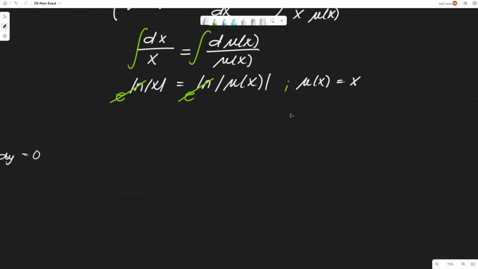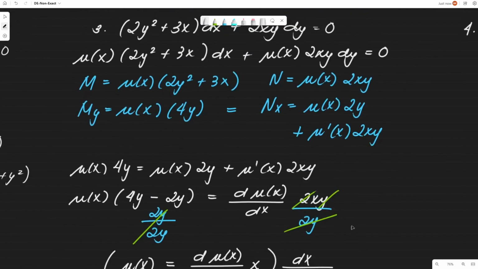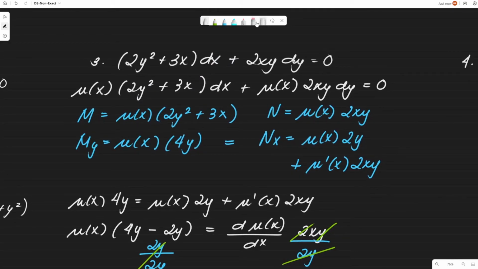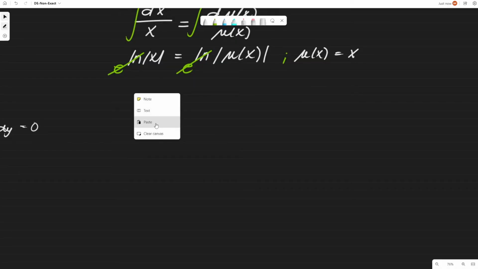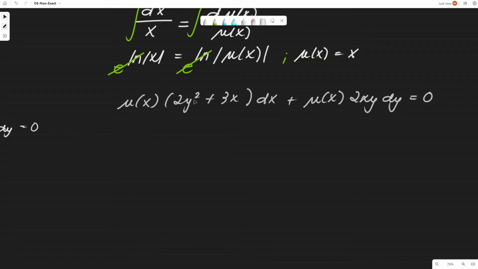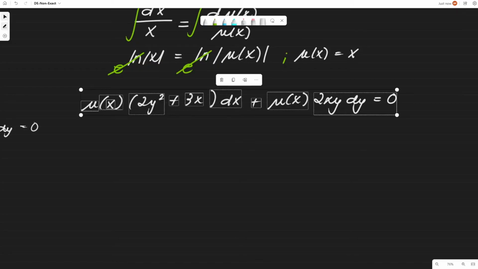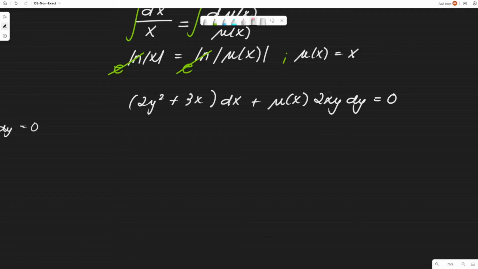Since mu of x is equal to x, let me take our earlier equation and substitute. I'll replace mu of x with x.